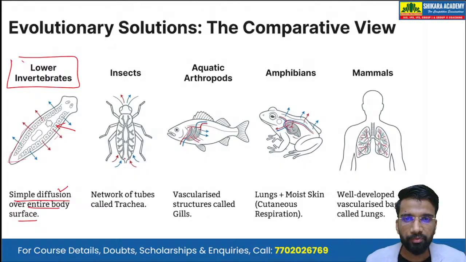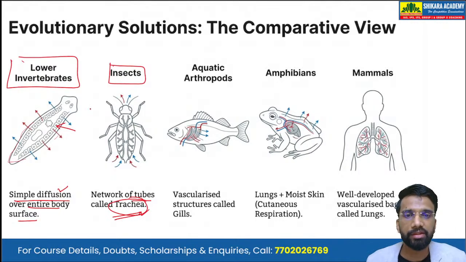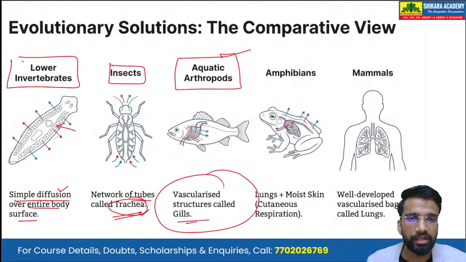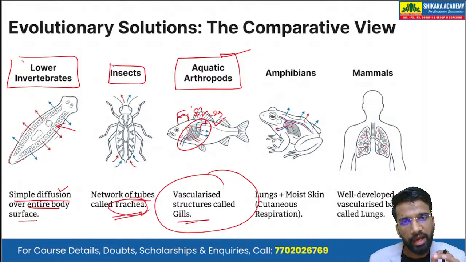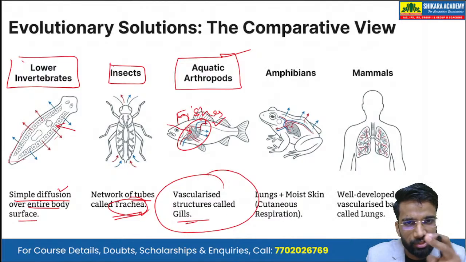In insects, we have a specialized network of tubes called trachea, via which the exchange of gases takes place. In the aquatic arthropods, like the fishes, we have vascular structures called gills, which are responsible for the exchange of gases, so that the oxygen as well as the carbon dioxide dissolved in water gets exchanged.